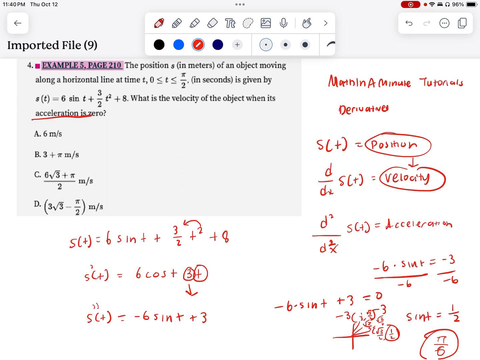We take that and we get 6 times cosine pi/6, which is √3/2, so 6 times √3/2 plus 3 times pi/6, which is 3 pi/6.